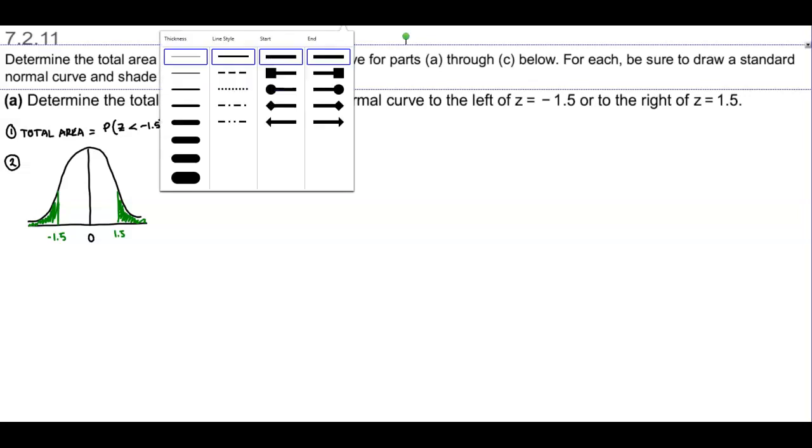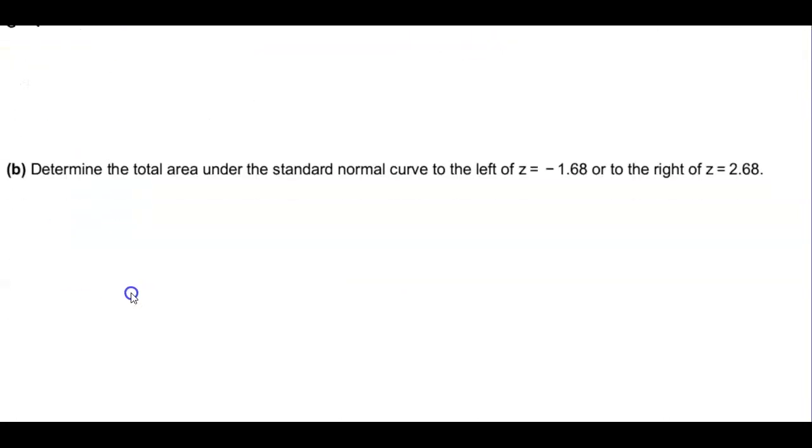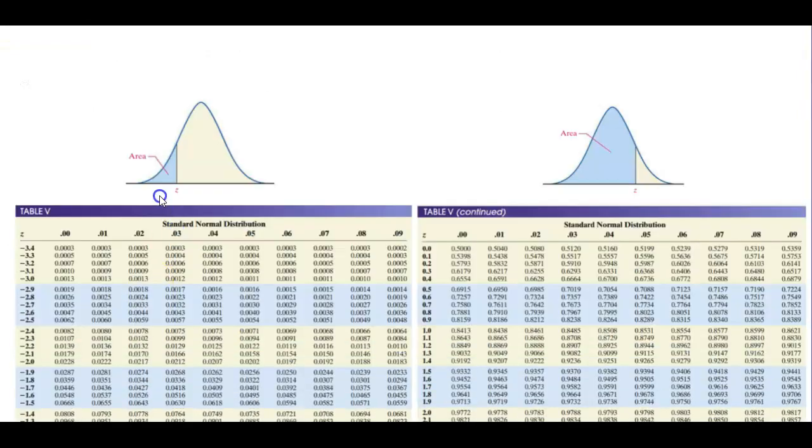First part, we want to find the probability of z being less than negative 1.5. So let's find the area of that. We want to look for negative 1.5, so we're going to go down and look at our chart here.